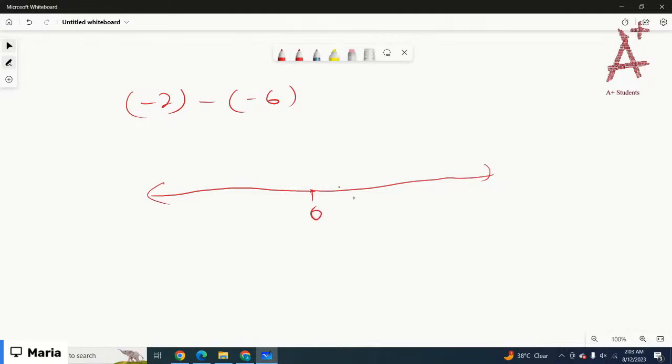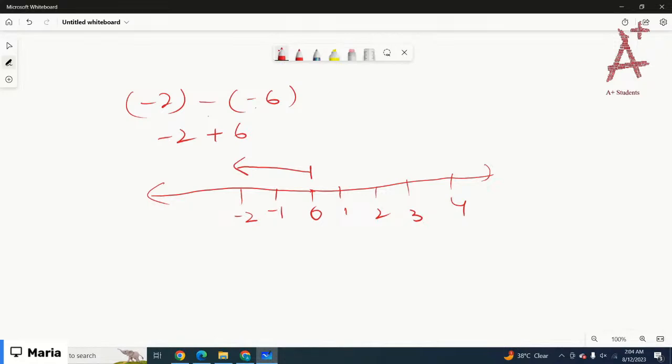Here you have 0, 1, 2, 3, and 4. Subtracting a negative number is same as adding. That is actually what you have to do. So here you have minus 1, minus 2. Go from 0 to negative 2.